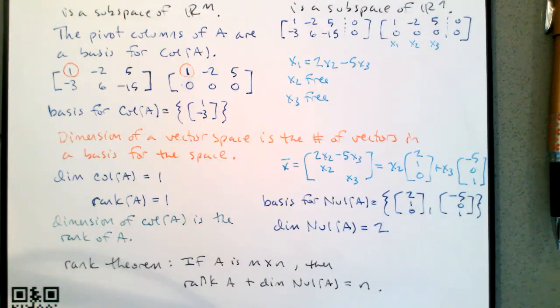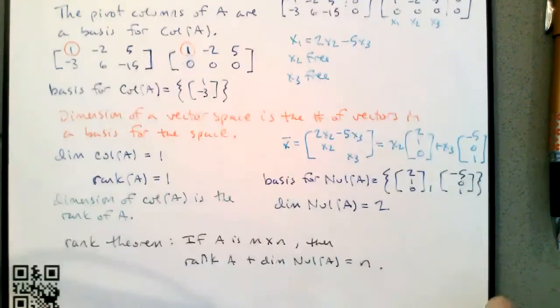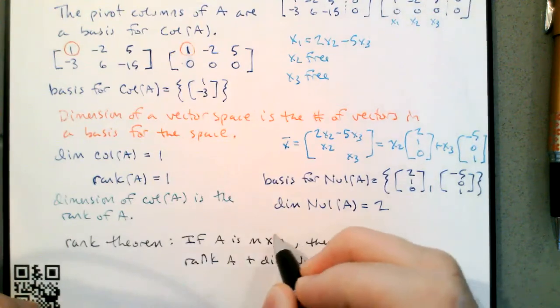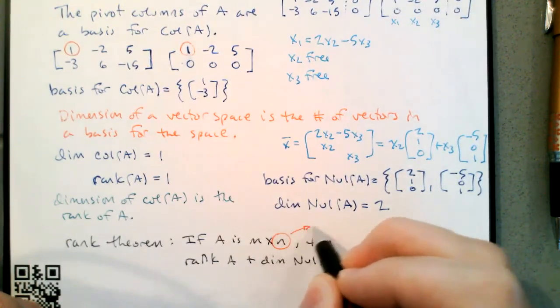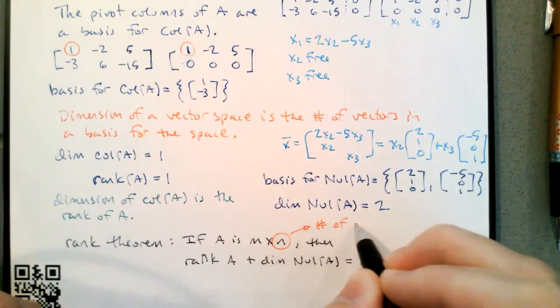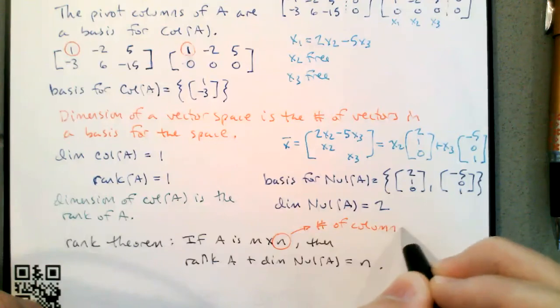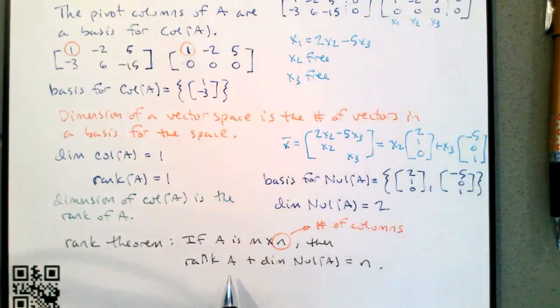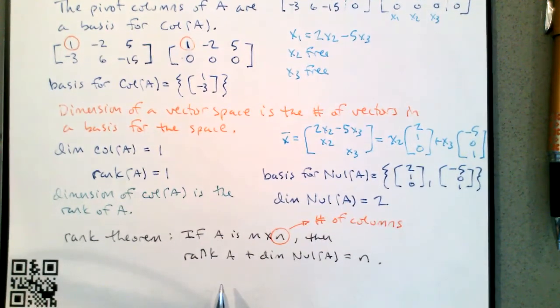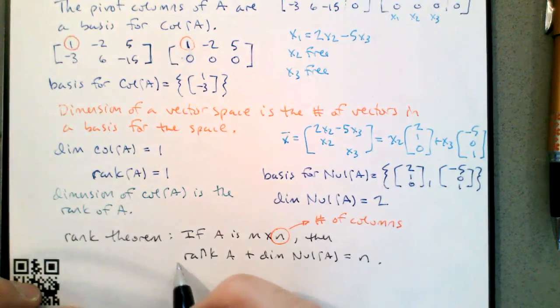This makes sense because n is the number of columns, and each column is either a pivot column or a non-pivot column. So n is the number of columns. Rank of A is the number of pivot columns.